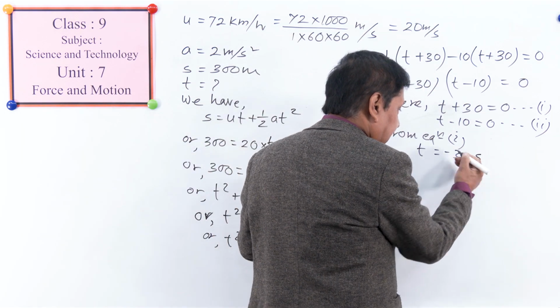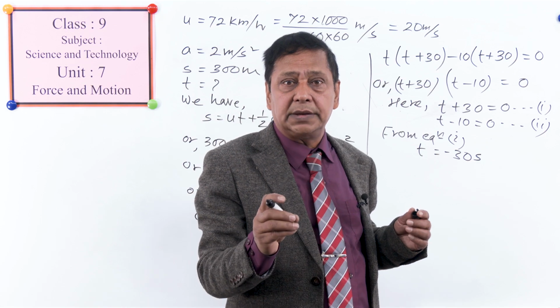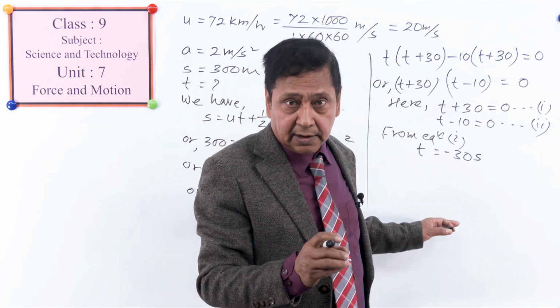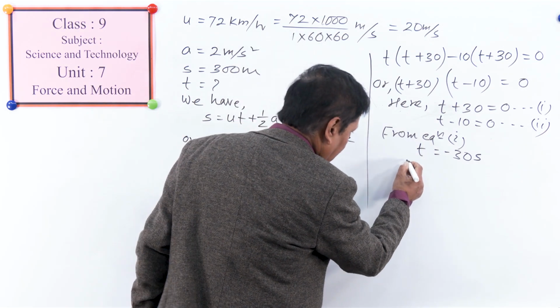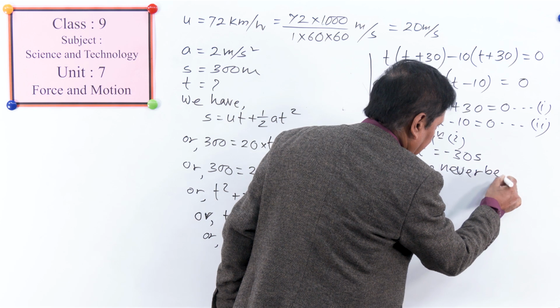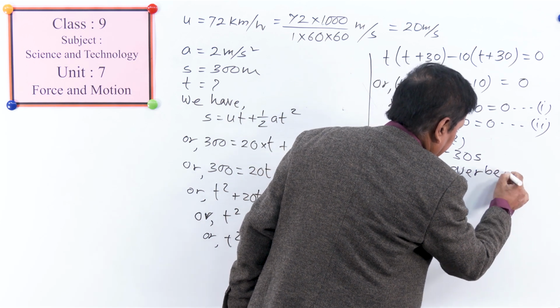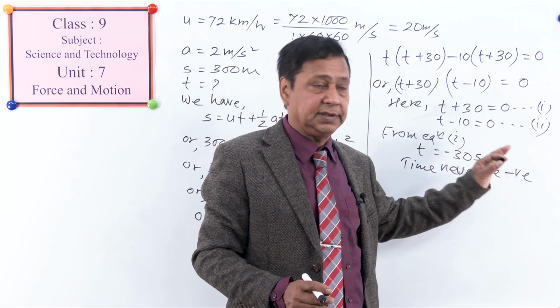Minus 30 seconds, is it possible? This is not possible. Time is a scalar quantity, its value is always positive. Time can never be negative. So we have to ignore this minus 30 seconds.